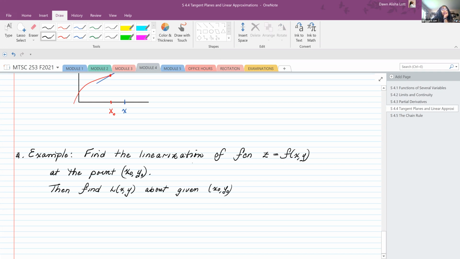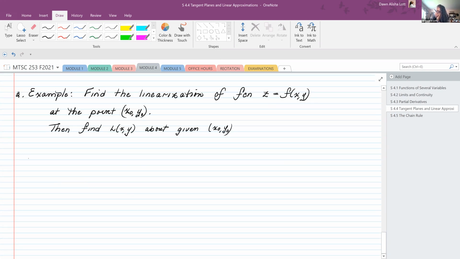Okay, so in A, here's our function. Our function is z is equal to x squared minus xy plus 1/2 y squared. Okay, so for the linearization, we need f sub x, 2x minus y, and f sub y is negative x plus y.